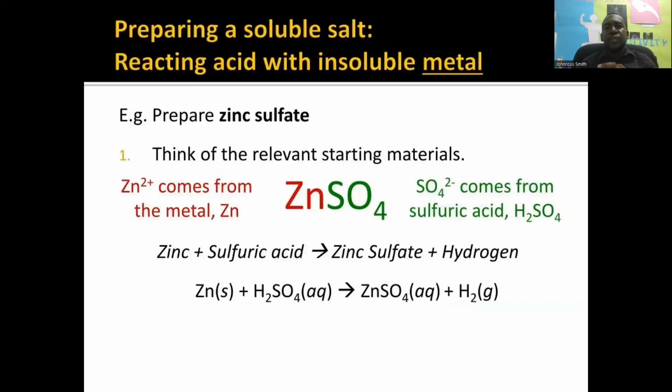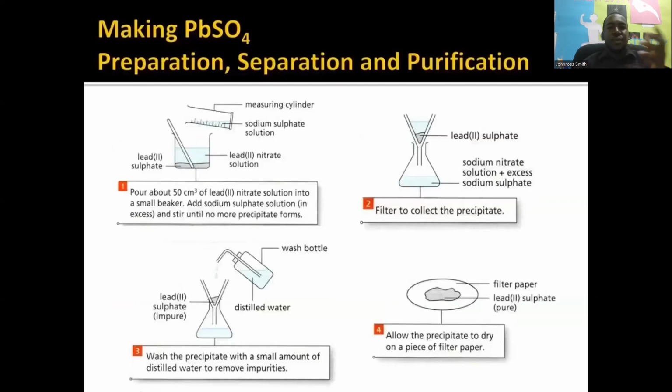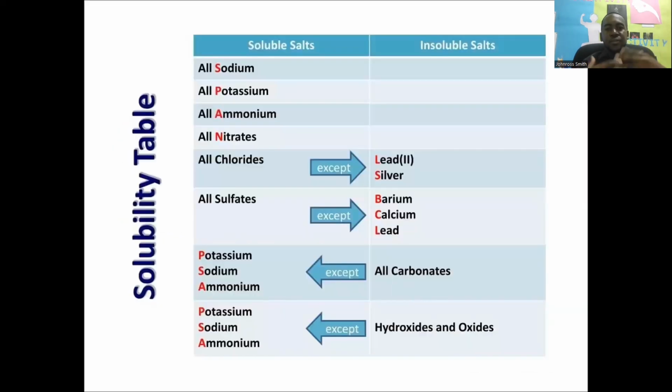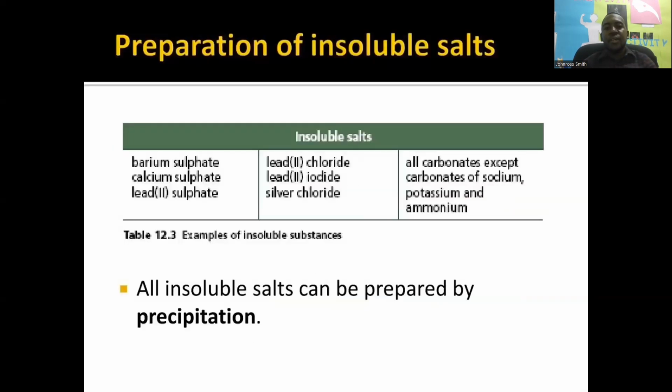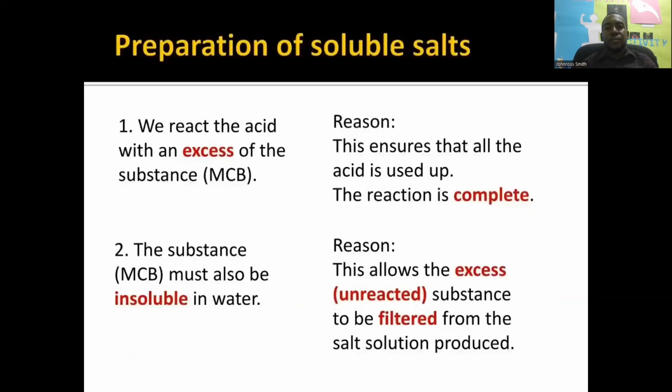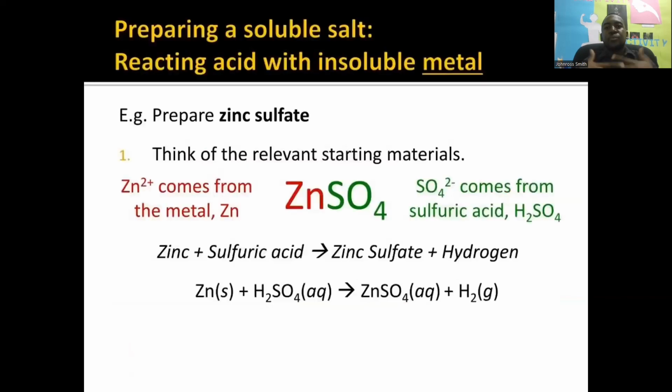So if we're producing zinc sulfate, and if you go back to the table, zinc sulfate is a soluble salt because the only insoluble sulfates are barium, calcium, and lead. So we're producing zinc sulfate as a soluble salt. In this case, we're using excess zinc and sulfuric acid because we need the sulfate part of the acid.